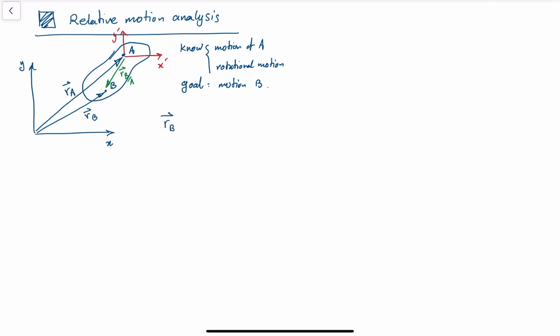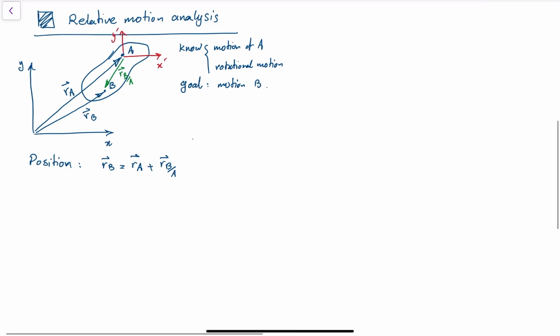So, for position, I can write R of B equals R of A plus R of B relative to A. And this is what an observer sitting on A and moving with the body measures. So that's that. That is position.